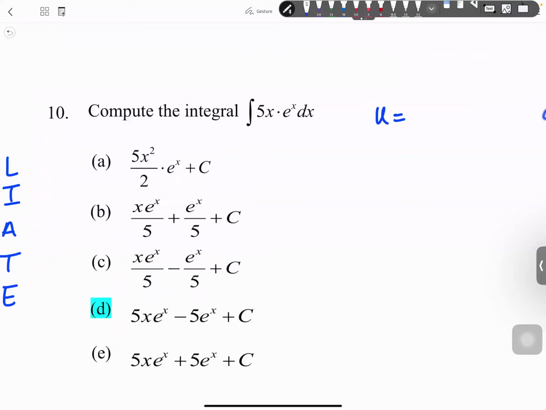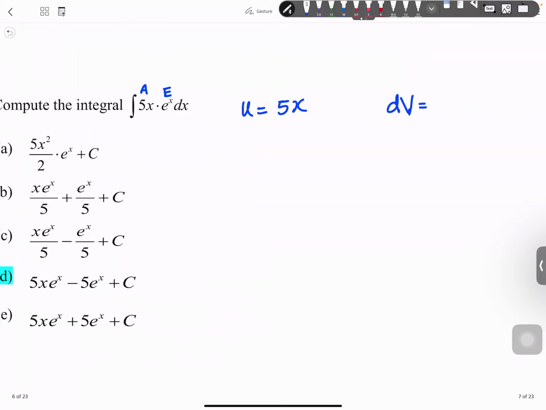If you look at these two, we have an algebraic and we have an exponential. So we're going to let the algebraic 5x be equal to u. Another way to think of it is that it's really easy to find the integral of exponentials. So that's why you want to let them be equal to dv. So e to the x, and whatever you let dv be equal to, that gets the dx, right?